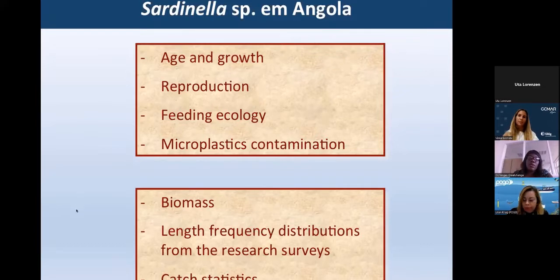Studies are also being carried out in order to understand their length frequency distribution along the coast, and also the catch statistics. And for this last item, it's important to say that this is a big problem because, as I said previously, it's not separated. They count both species as one unit.